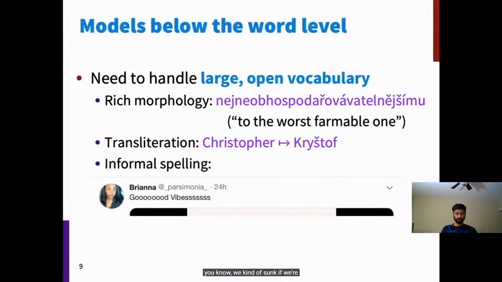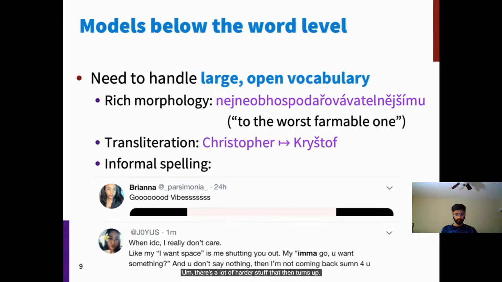And well, we're kind of sunk if we're treating things at the word level and we're trying to model this, right? That's clearly not what human beings are doing. We're looking at the characters and recognizing what goes on. In some sense, that's the easy case that you could imagine pre-processing out. There's a lot of harder stuff that then turns up.